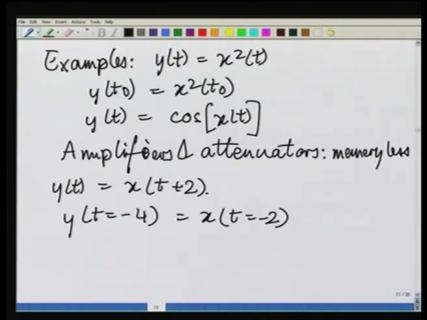So, in order to know what value y takes at t equal to minus 4, I will have to know what value x takes, not at minus 4, but at some other instant of time, namely minus 2. This makes the system have memory. This system has memory.